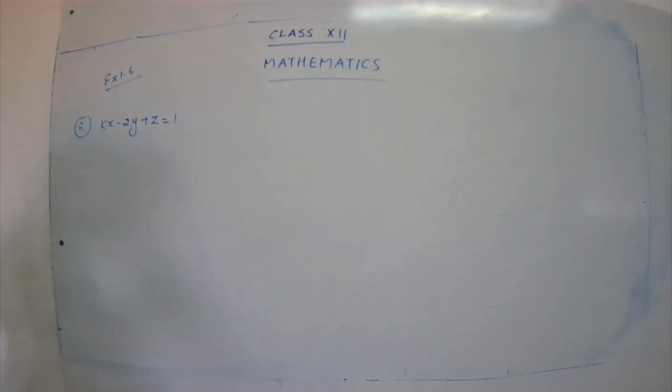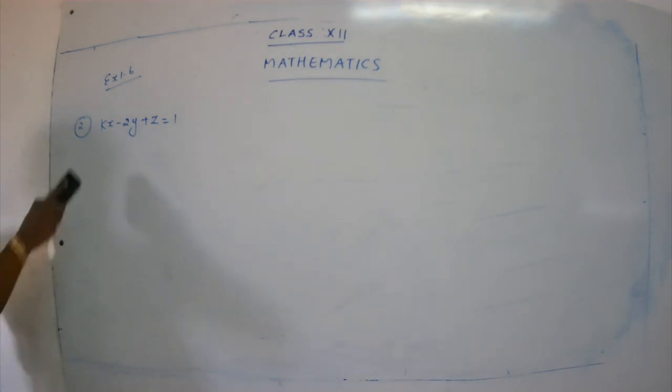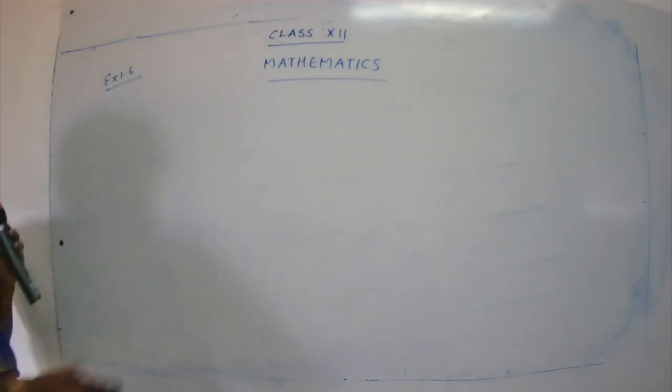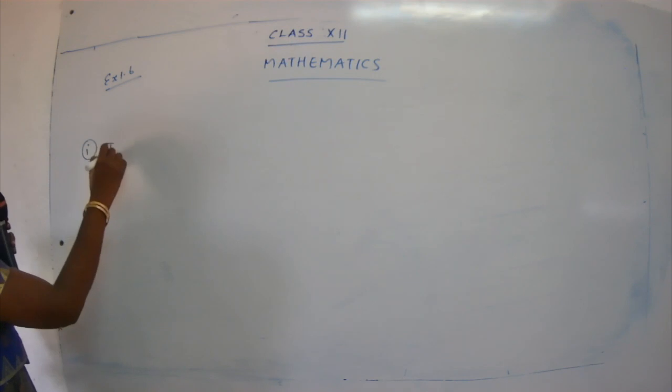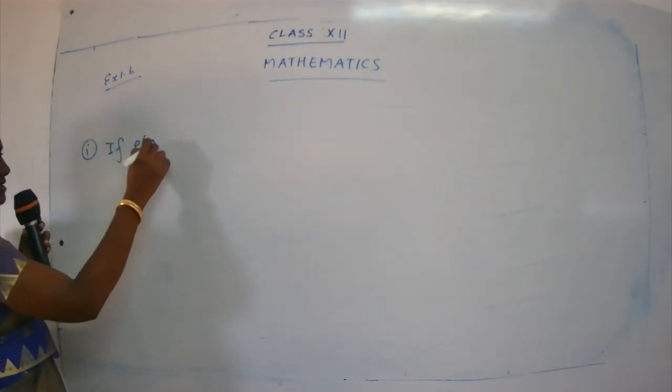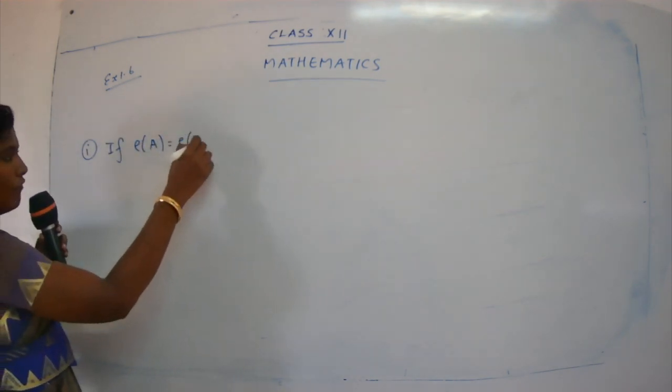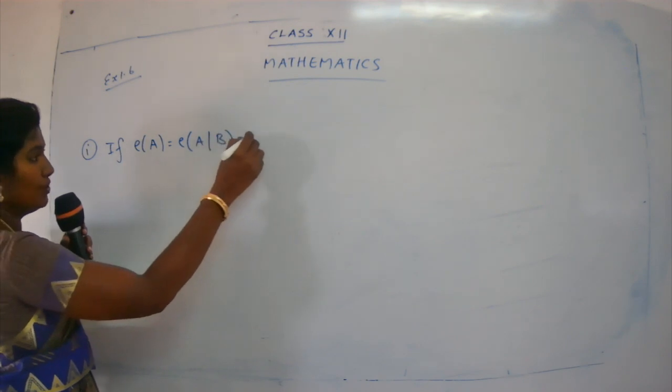So before we go to sum number 2, you have to follow some rules that we have already studied in the previous classes. So let's see the different rules that have to be followed for checking the consistency of solution. The first rule is, if rank of A is equal to rank of AB is equal to n.